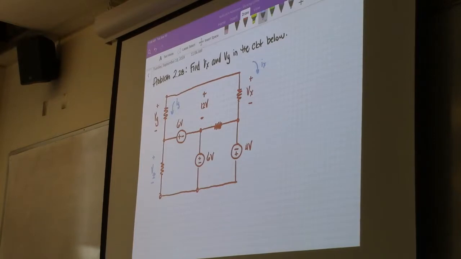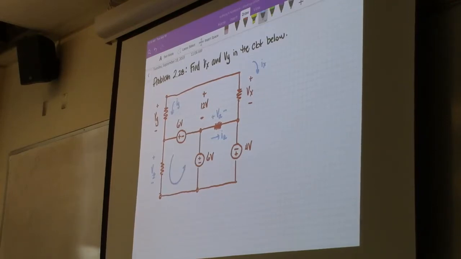I'm going to call this, well, there's nothing after Z, so I'll call this VA. This will be IA. And the remaining currents, I'm going to do something a little bit different here.